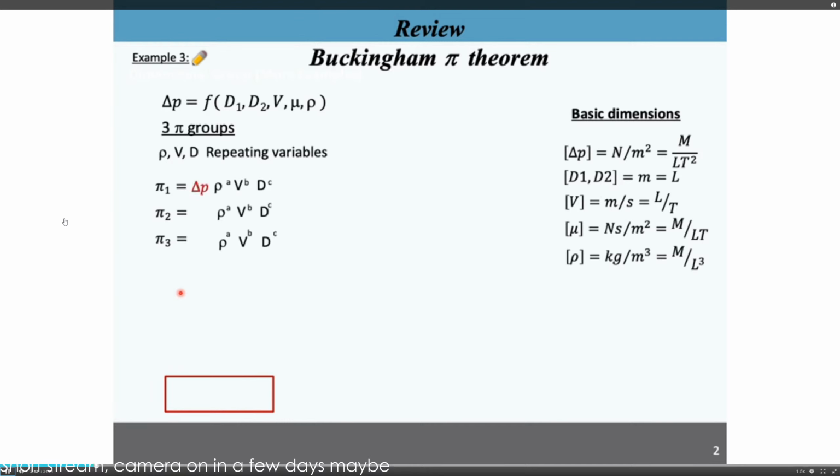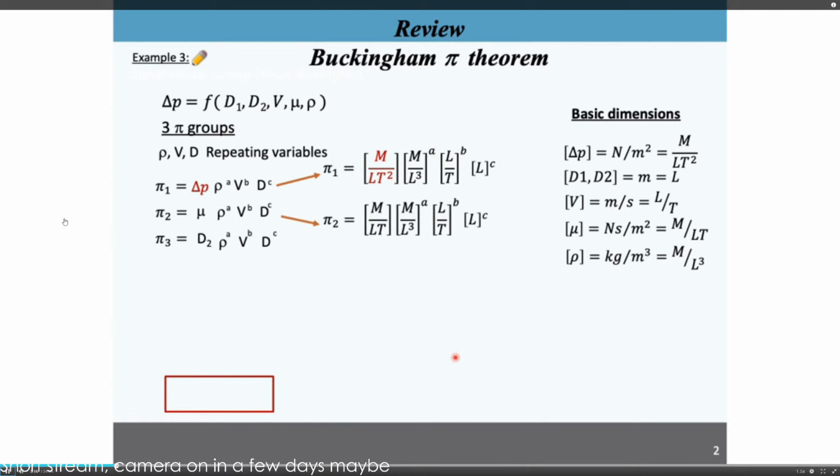Then you fill in the remaining variables that are not selected, starting with pressure drop, viscosity, and diameter 2. Then you put in the basic dimensions: for the pressure drop, M L over T squared, followed by the basic dimensions of density, velocity, and diameter, raised to the power A, B, and C, for the second and third pi groups.